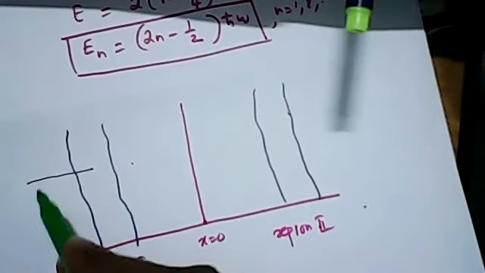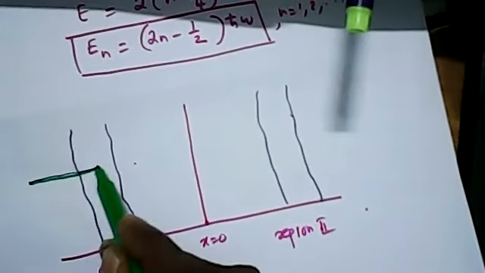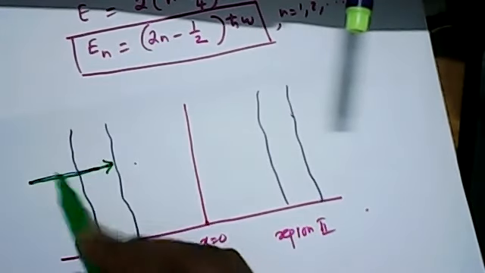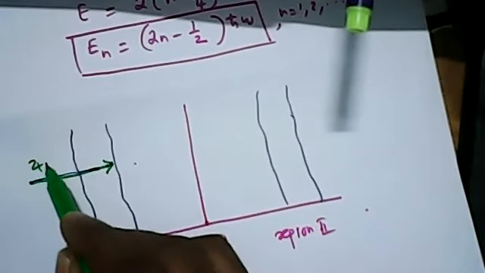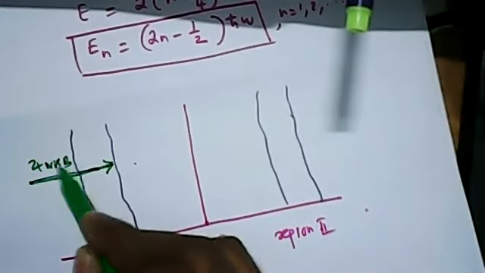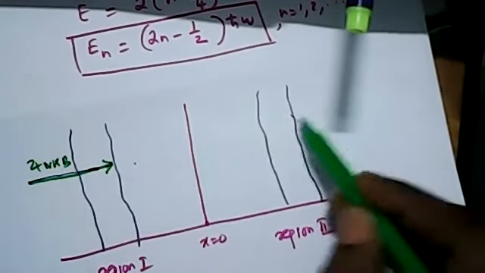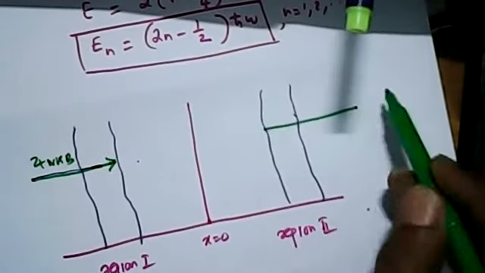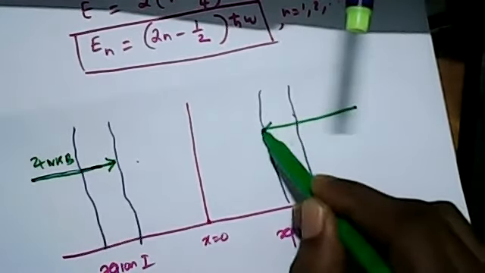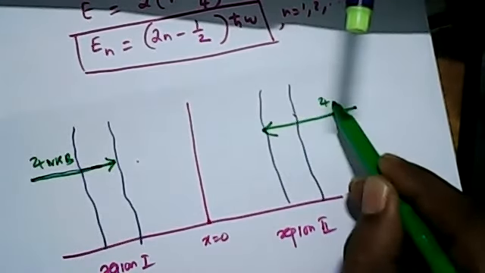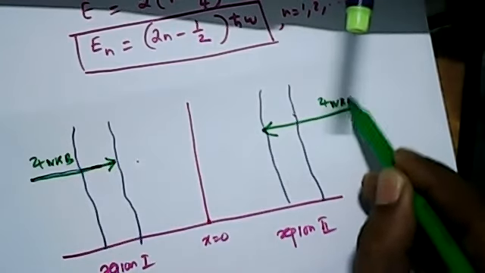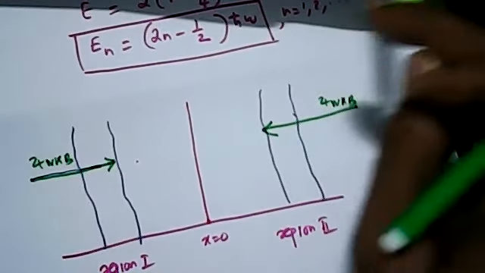WKB wave function is valid up to here. Okay, psi WKB. Also in region 1, also from the right side, psi WKB is valid up to here, up to the matching region.